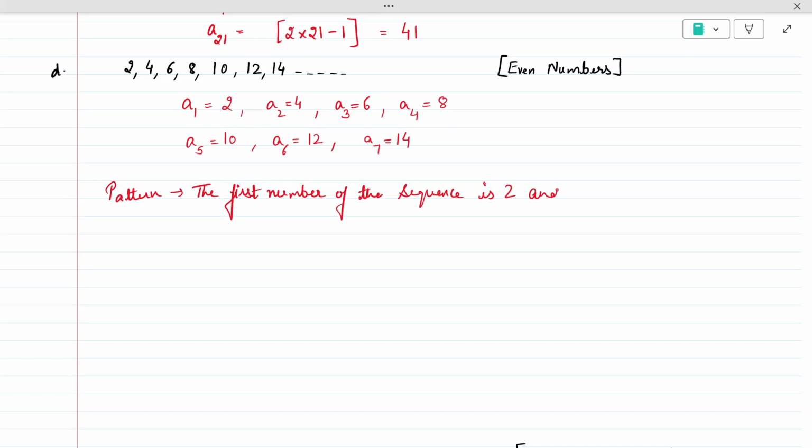And we get the next number by adding 2 to the previous number.